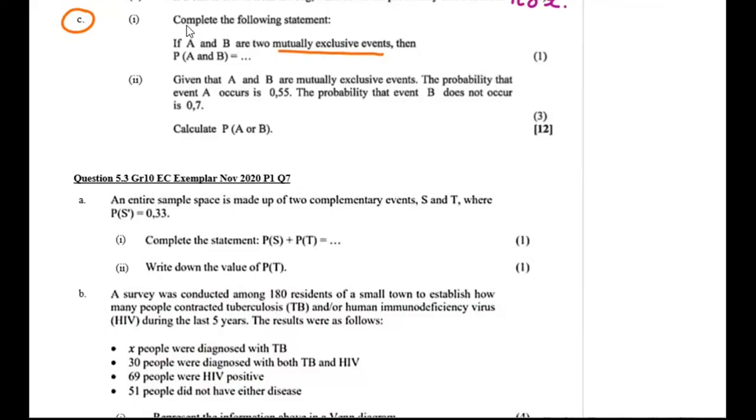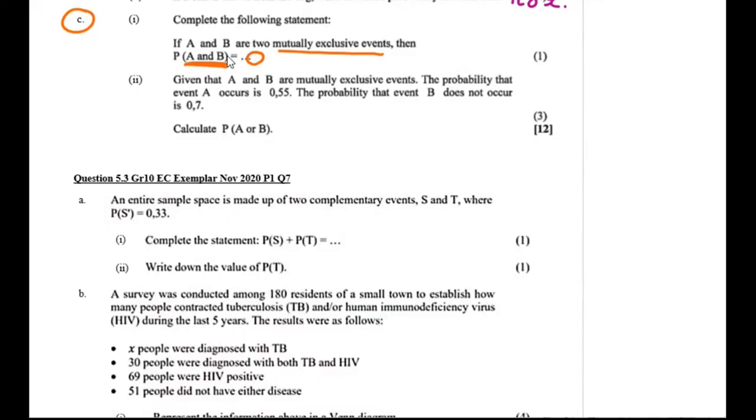And the overlap represents the and part. Thank you, Brandy. Okay. So over here, if we're trying to find out what needs to carry on after this, if they're mutually exclusive, the probability of A and B is equal to 0. Okay, you just had to complete the statement, so you would have got 1 mark just for realizing that A and B is 0.